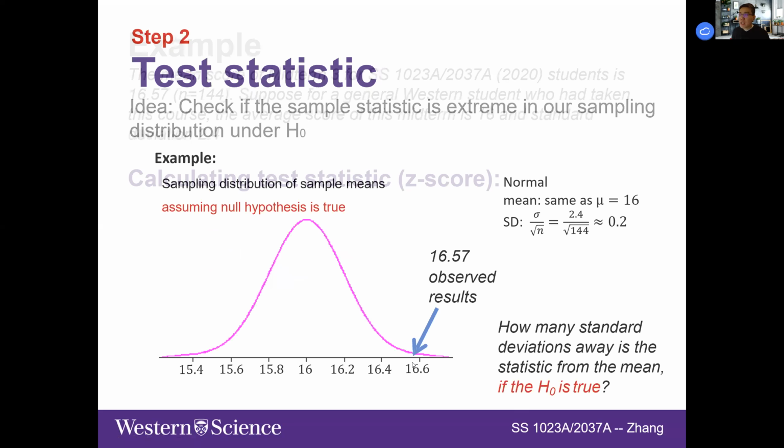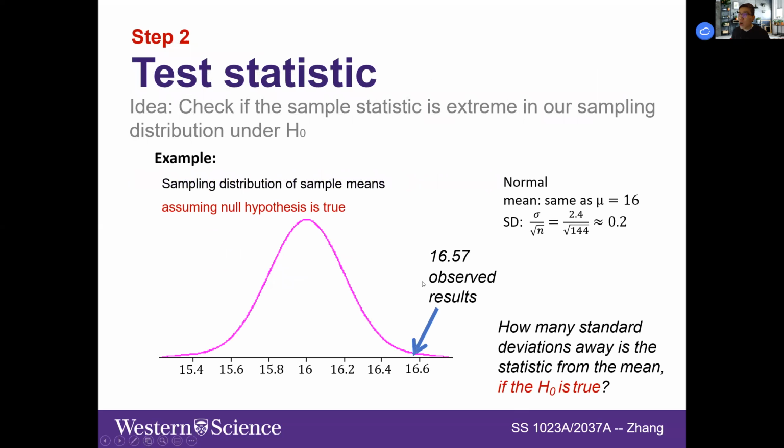What that means is that our sample mean is 2.8 standard deviations away from the mean of the sampling distribution. As you can imagine, if it is 2.8 away, it's already quite far.